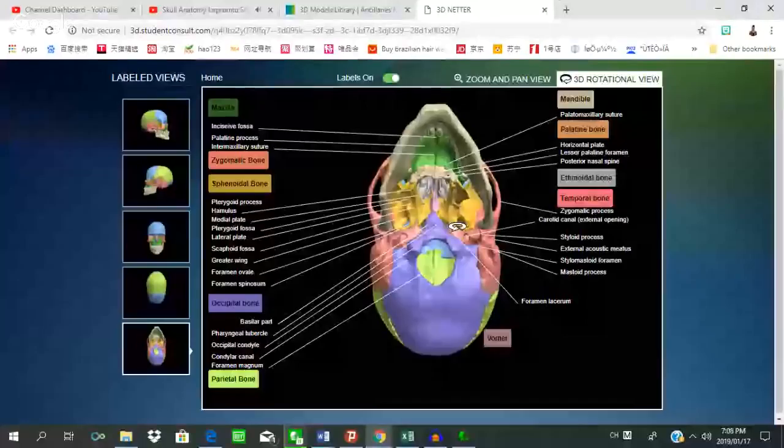Palatine bone. You wouldn't know there's such a bone, and what it would actually look like, unless you looked from underneath, from the inferior view. So this is why I totally love this 3D application, this 3D resource that I have. It's so much better.